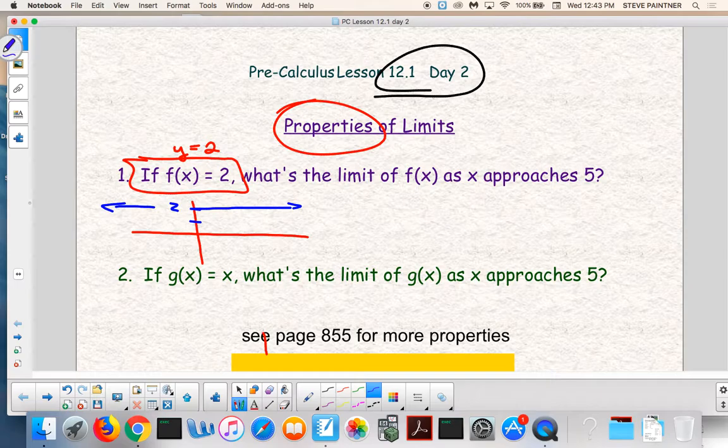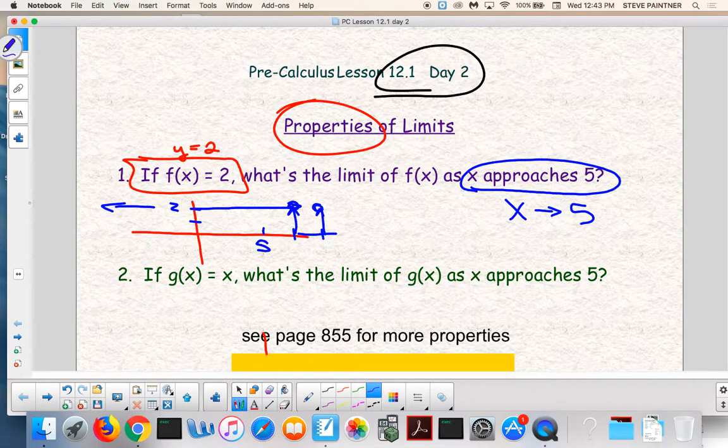What's the limit of this function as x approaches 5? Well, here's 5. So if you try 7, 6, 5, you're going to get that answer every time. What's the answer? 2. So you're moving in towards this point, and the answer right there is 2.